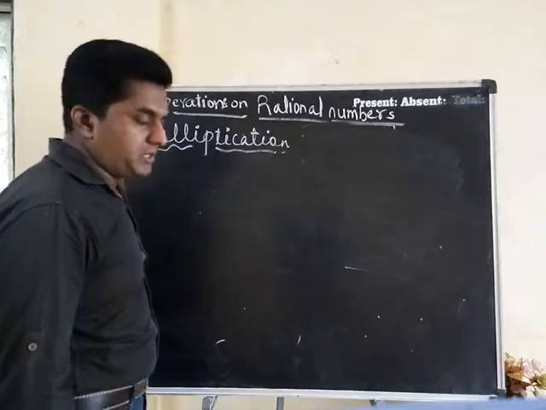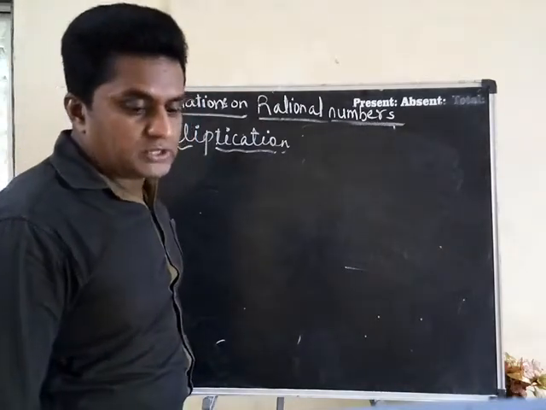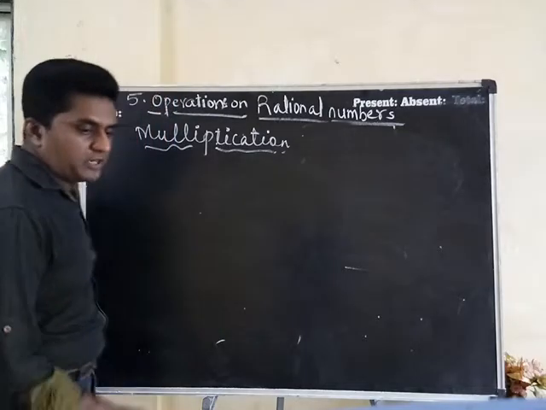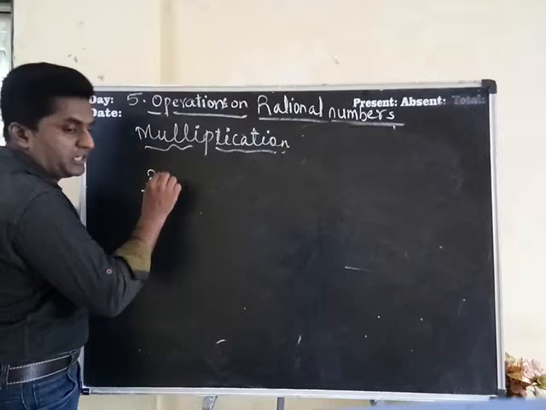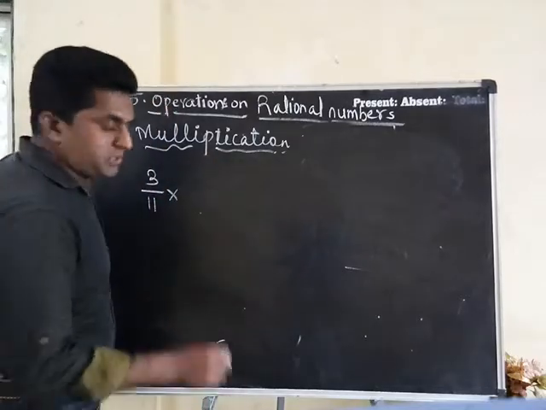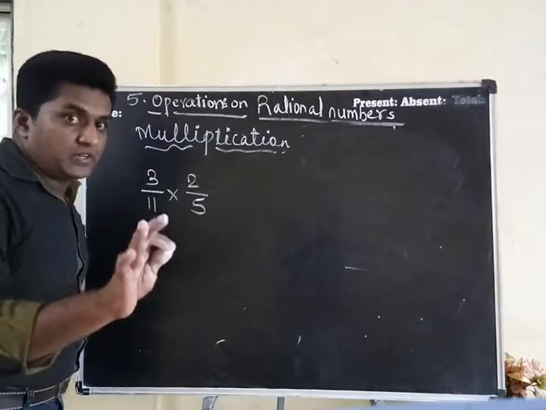And in multiplication we are going to see two numbers, that is 3 upon 11 multiplied by 2 upon 5. 3 upon 11 multiplied by the question is 2 upon 5. It is not difficult at all.